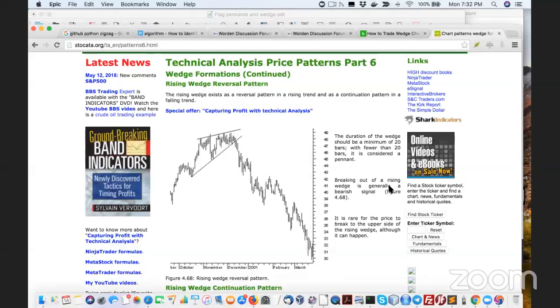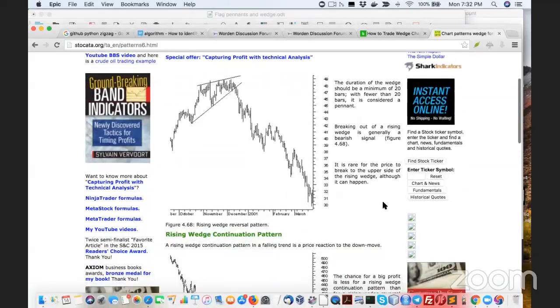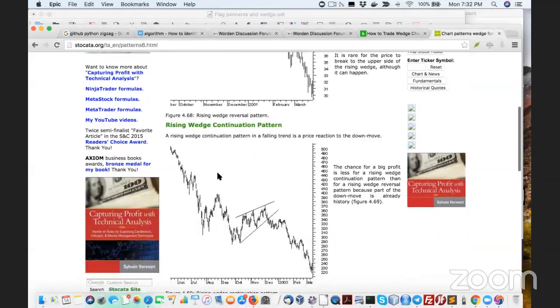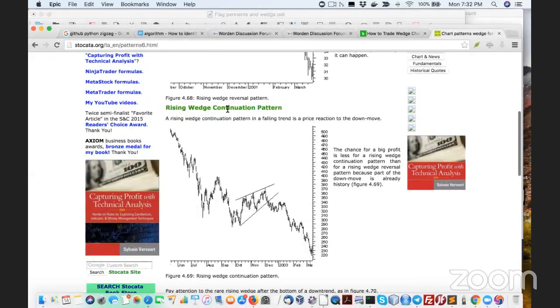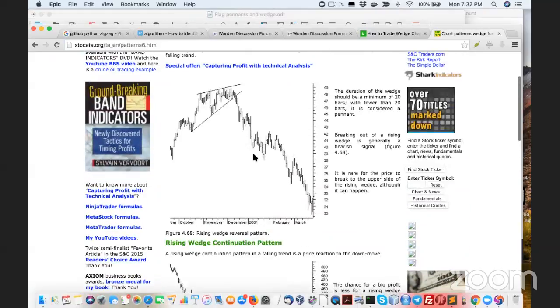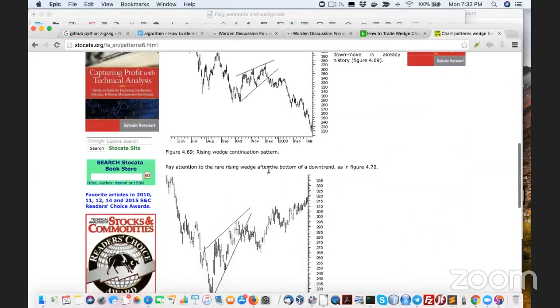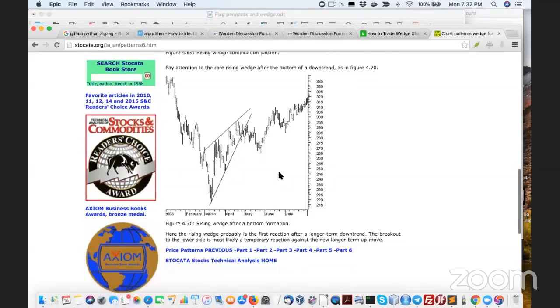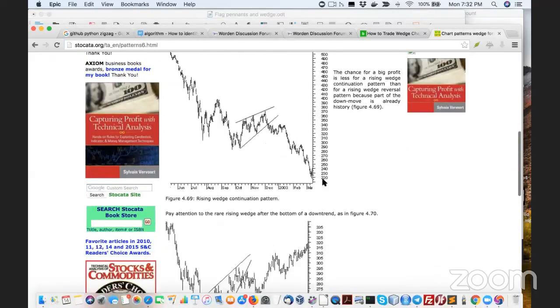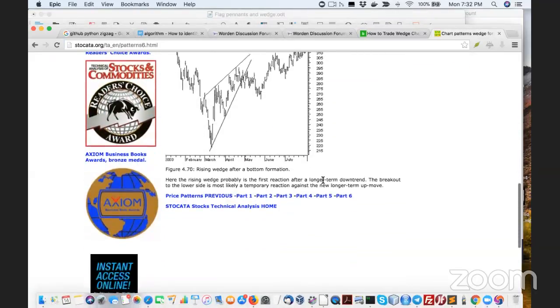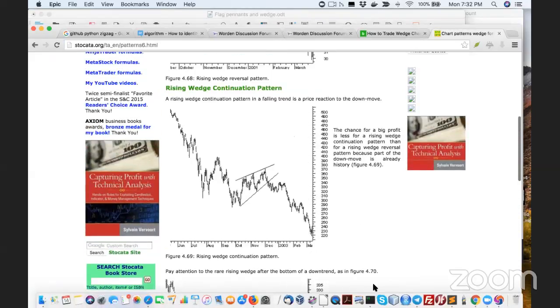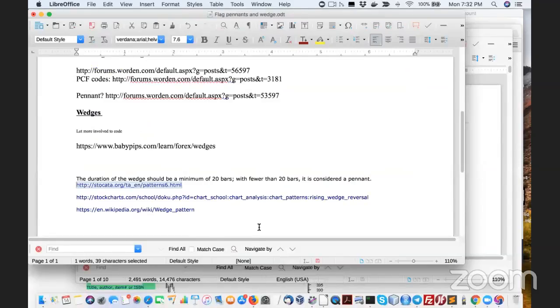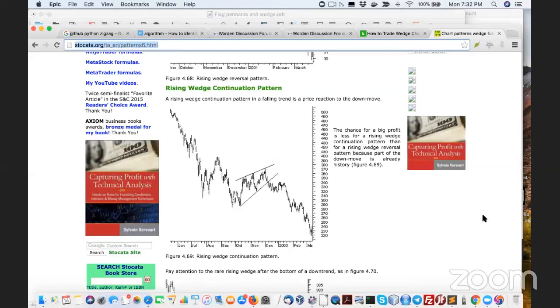And these are pretty good explanations of these different continuation or falling or rising wedges, or whether they're reversal or not. I did some digging for you, and this is what I came up with so far. And this one's not a bad link as well. Let me put that in this Zoom session.